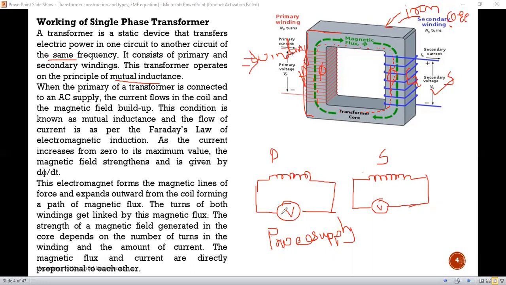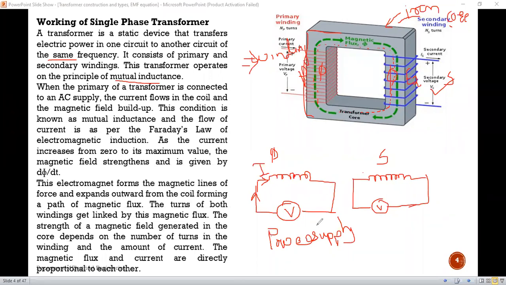When the supply is given to the first coil, then current starts flowing from that coil. Suppose this current flowing from this coil is I. Okay, see, these two coils, primary and secondary, are near to each other. They are not connected electrically, but these two are coupled magnetically.